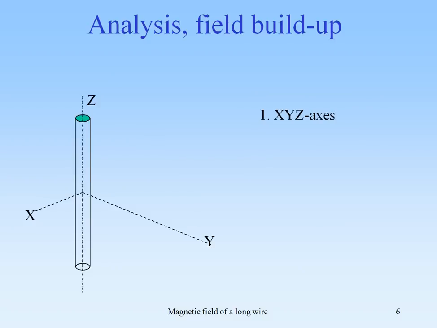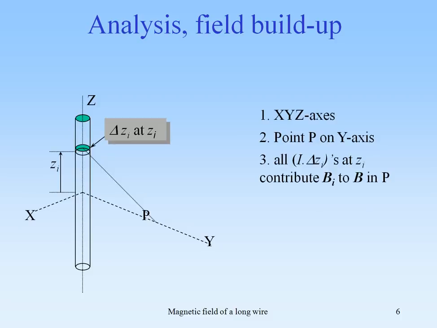How is the field built up? We have the xyz axes, point P on the y-axis, and all the current elements contribute to the field B in point P. The field B in point P will have components in the x, y and z direction.